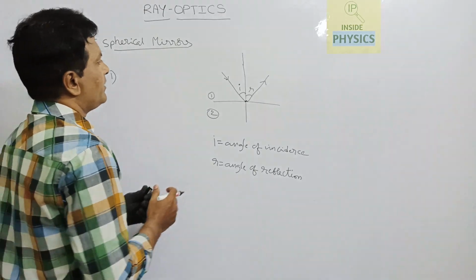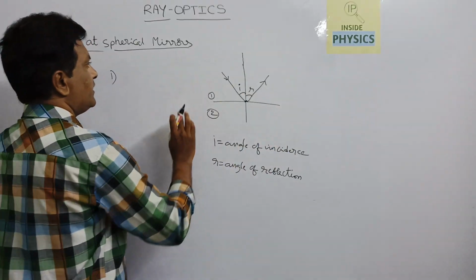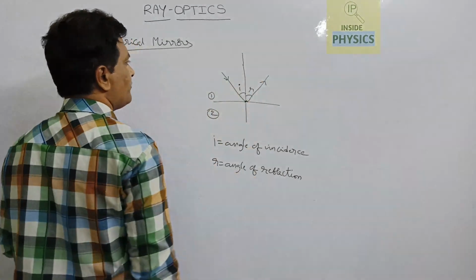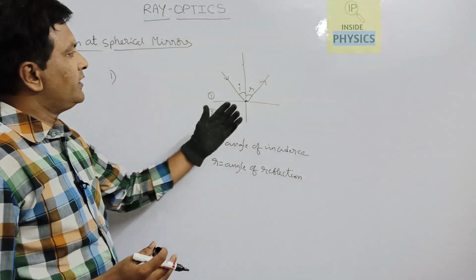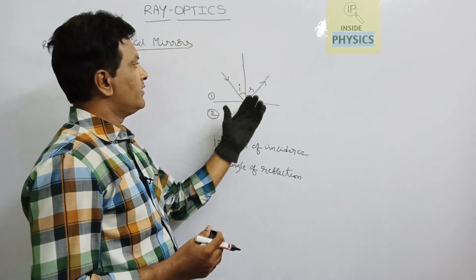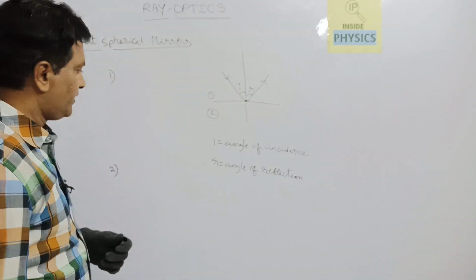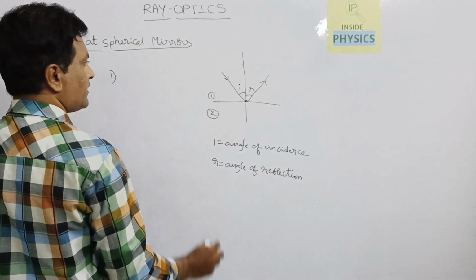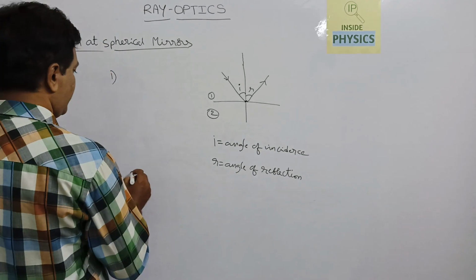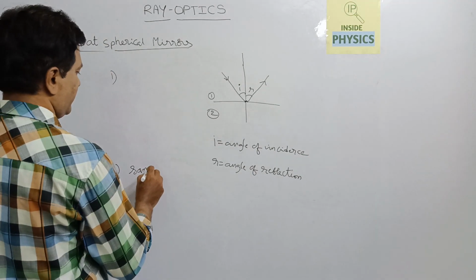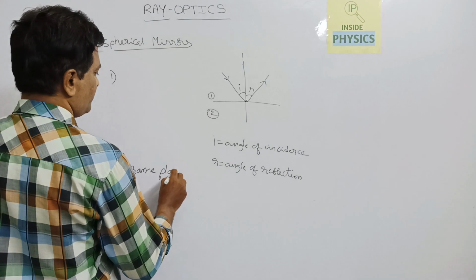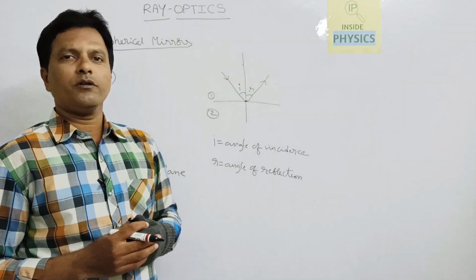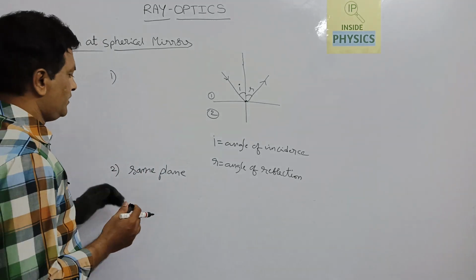The same plane means, if this board is considered as a plane, the incident ray, normal and reflected ray are exactly in the same plane. These are the two principles of reflection that we can observe in the process of reflection.